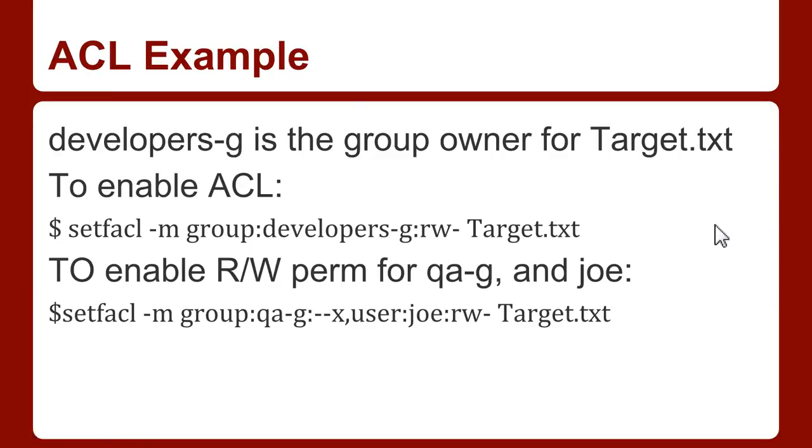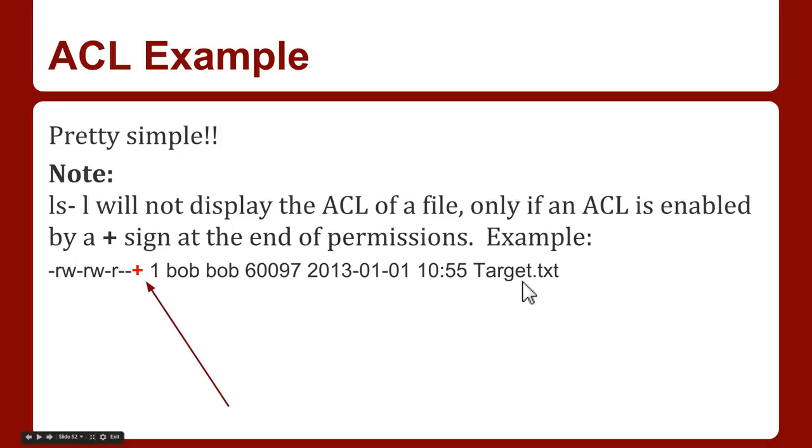So it's pretty straightforward. And something to note is when you do ls -l to see the common file attributes and the common file permissions, if something has been set up with an access control list, it will have a plus sign at the end. That's one of the only ways to determine whether or not it has it at first glance.